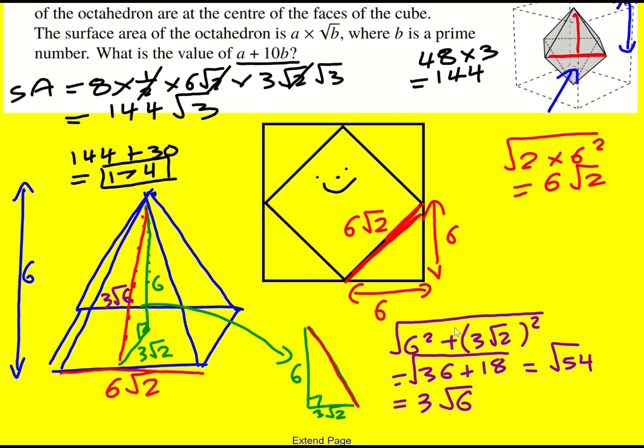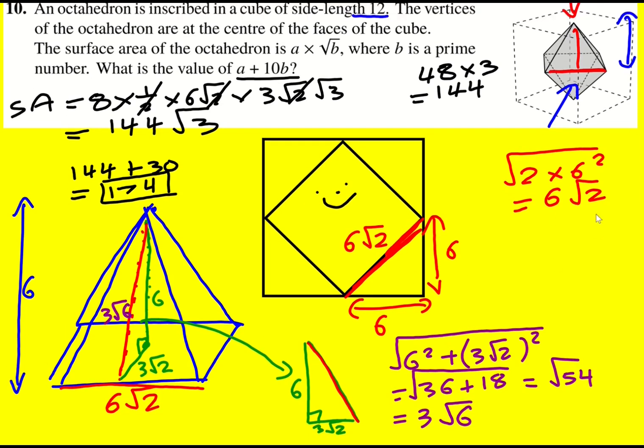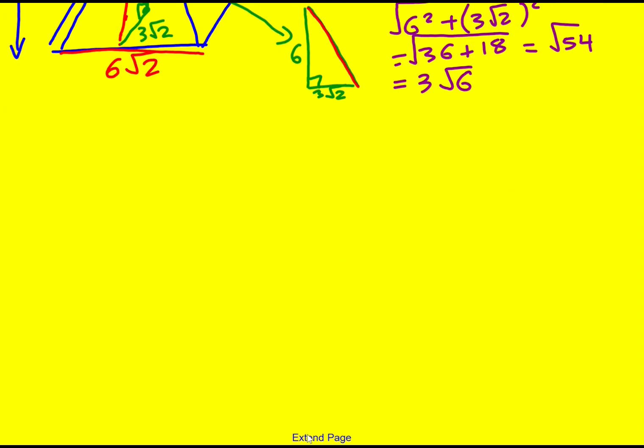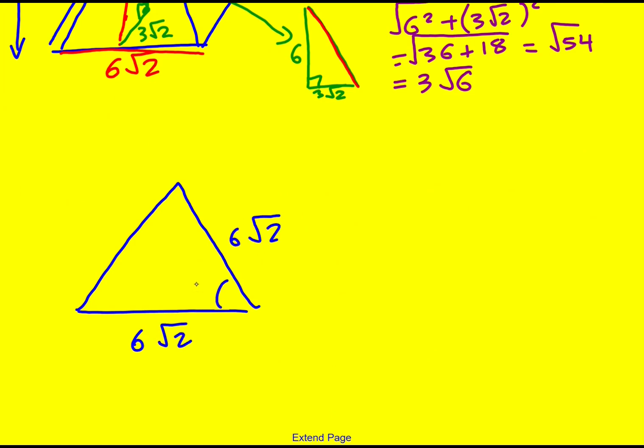So you can spot that, it just saves a little bit of time, because once you've got your side length of 6 root 2, then you can just say, here we go. They're all going to be 6 root 2 like this. And there's a 60 degree angle. I can just use a half ab sine C. So half times 6 root 2 squared times sine 60.